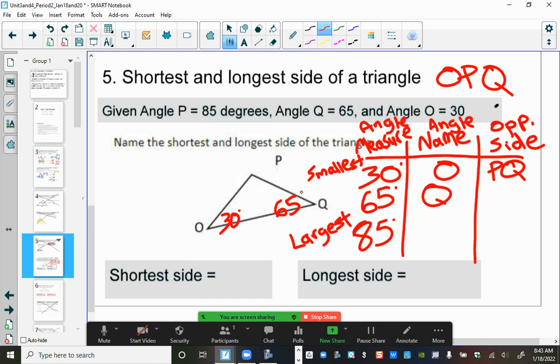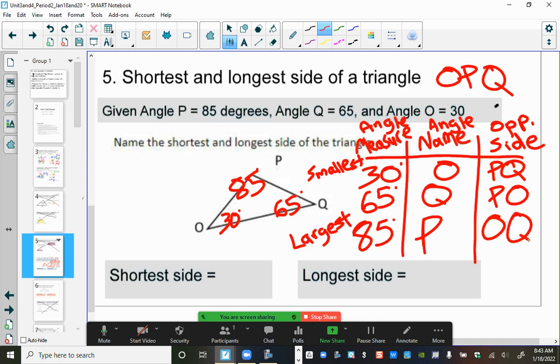P and O. P, O, O, P, doesn't matter. Because you use Q, bang, there's your other two letters. So then what's our last letter? Largest angle was how many degrees? 65. There you go. So that was angle P. That means what's our opposite side? O and Q. OQ.